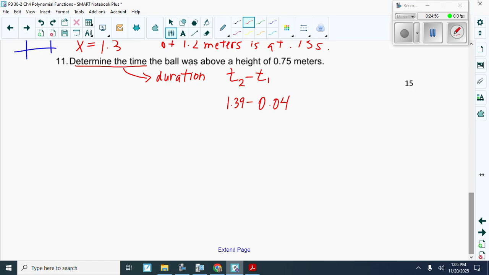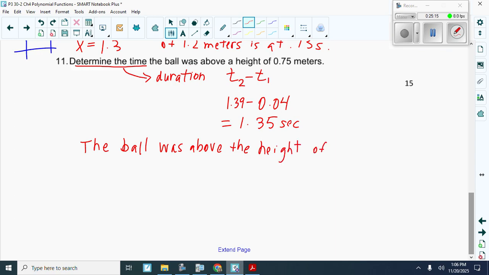And so our total time, okay. Okay, so the ball was above the height of 0.75 meters for 1.35 seconds.